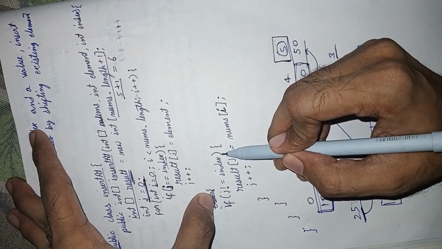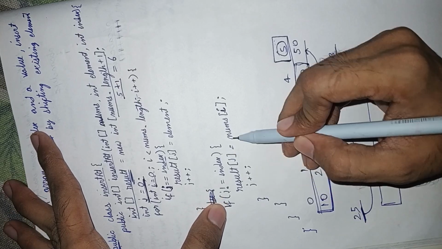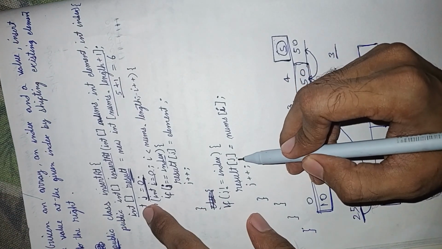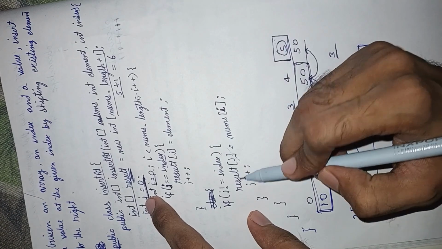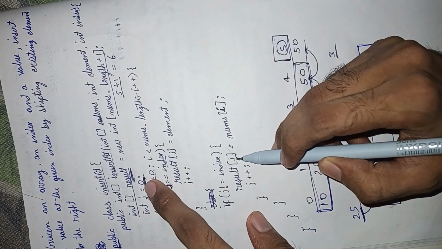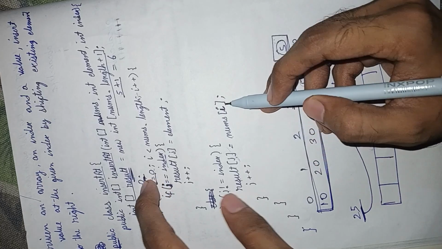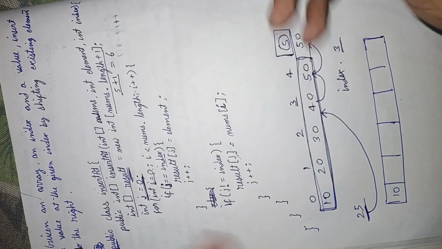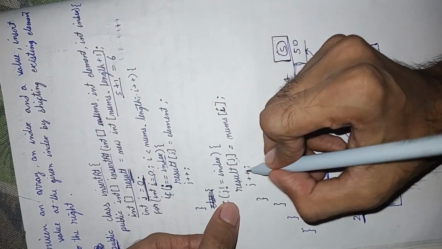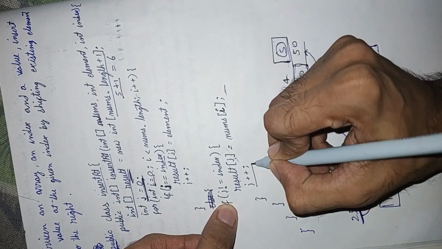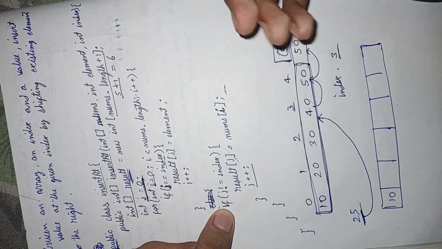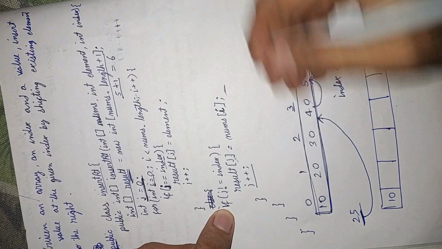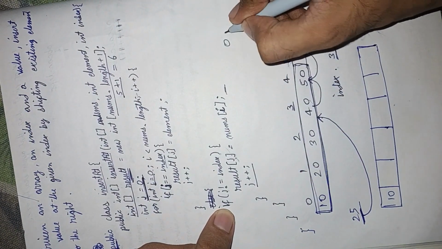J is not equal to index, so result j, the value in the result array at index j equals 0, is nums i equal to 0, so 10 will be shifted here. Now after this is executed, j will be incremented from 0 to 1.